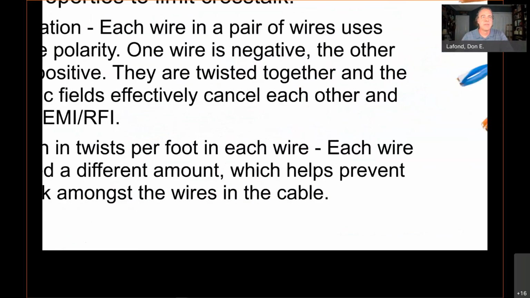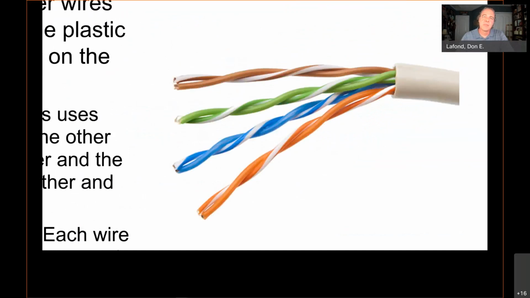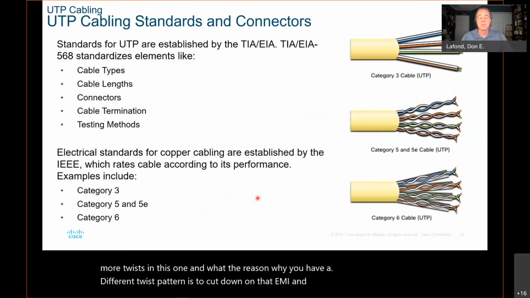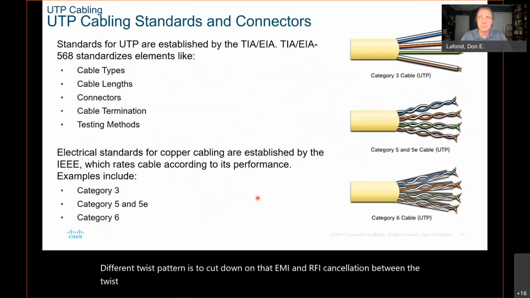Is it meter or foot? Foot, they call it foot. So the number of twists, it's clear that this one has more twists than this one. And the reason why you have a different twist pattern is to cut down on that EMI and RFI cancellation between the twists, between the twisted pairs.